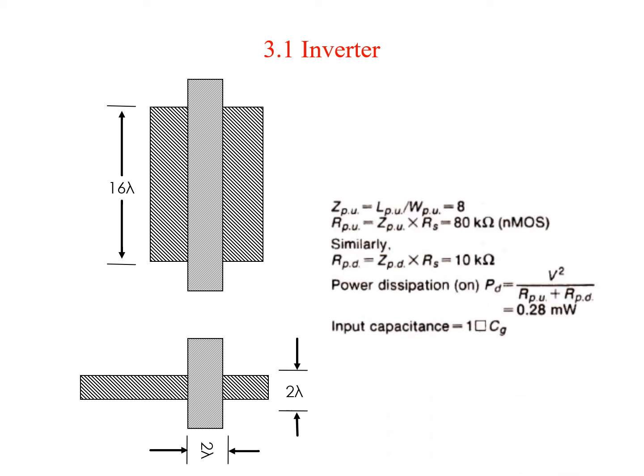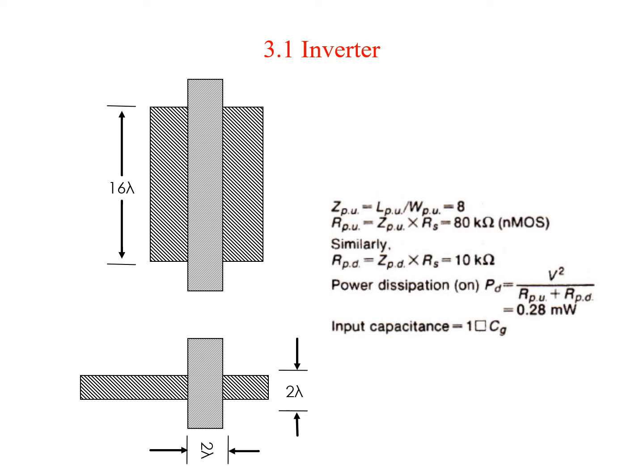The ratio for your pull up transistor, ZPU, is nothing but length divided by width. The length is 16 lambda, width is 2 lambda. So 16 divided by 2 will give you 8.